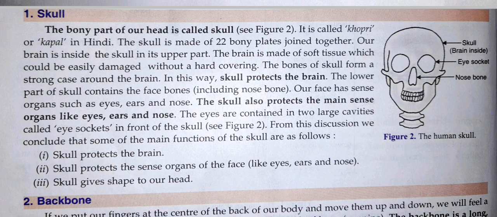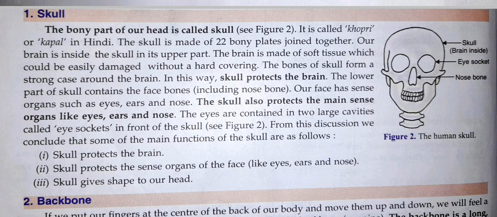The lower part of the skull, as you see in figure 2, the human skull, beside it is given, contains the face bones. Our face has sense organs such as eyes, ears and nose. See, here they had labeled and given eyes, ears and the nose.